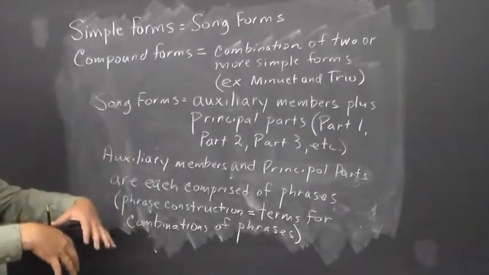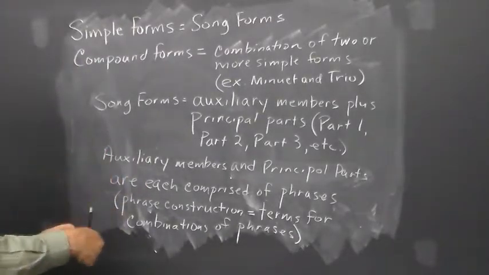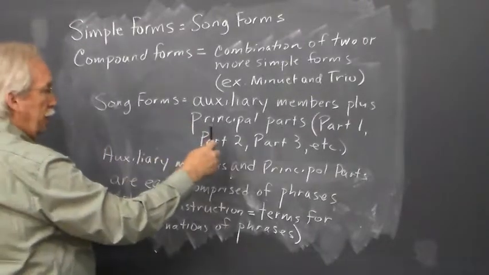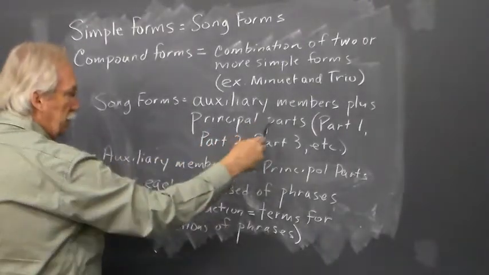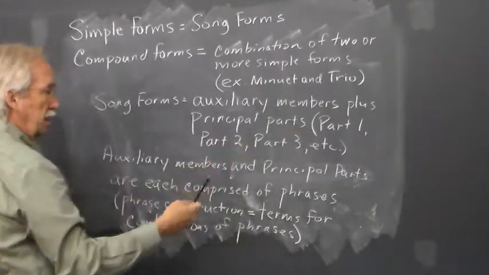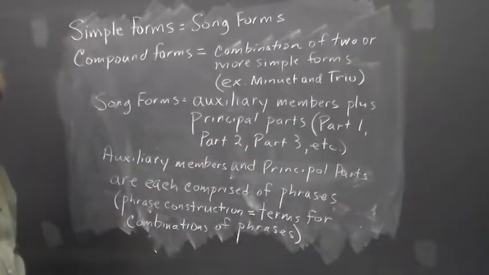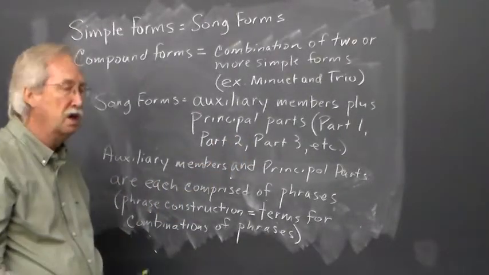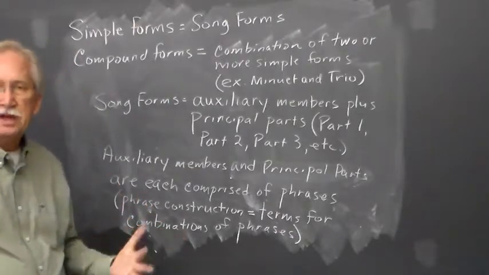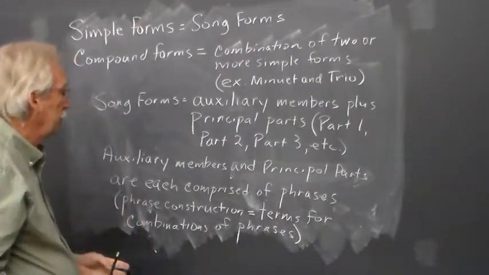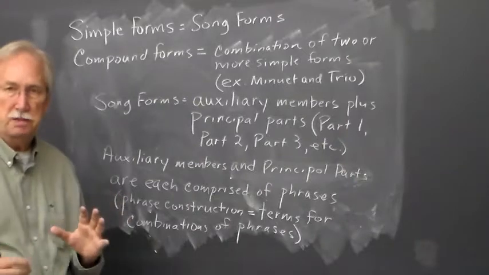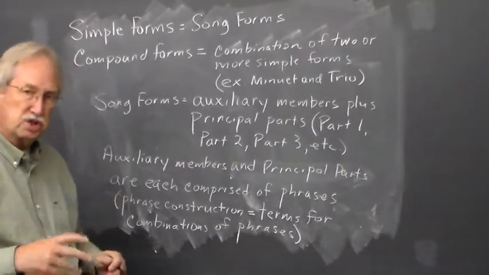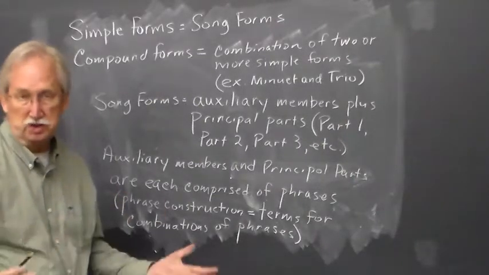Now, in working back and looking at the smaller units then, song forms are comprised of principal parts and auxiliary members. So, auxiliary members are things like introductions and transitions or retransition, and codas, codetta. So these are not essential members. They're optional members of the construction.